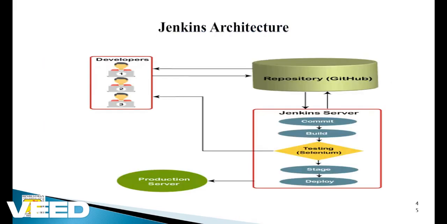And this is the architecture of the Jenkins. Here, the developers first commit, then it goes through GitHub, and then it gives the command to the server: build, test stages, and then deploy. And finally, it gives the production process for the servers.